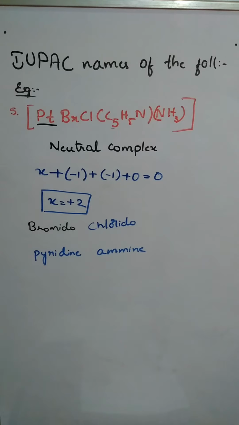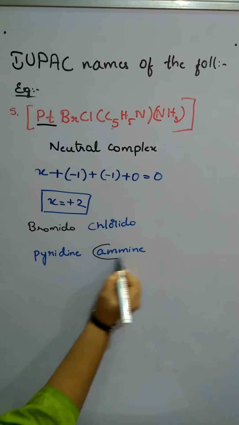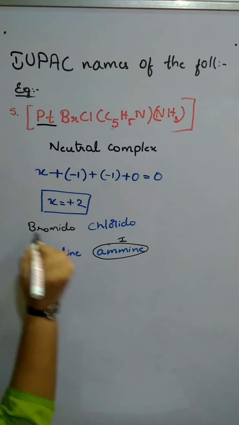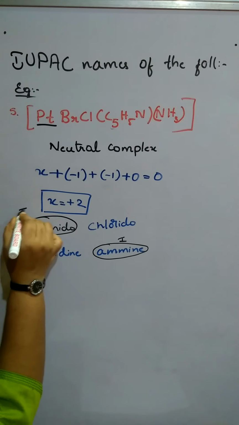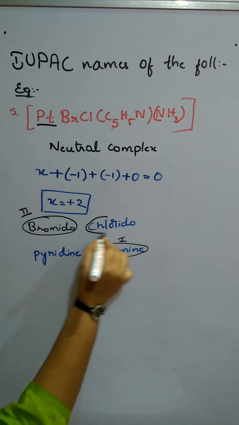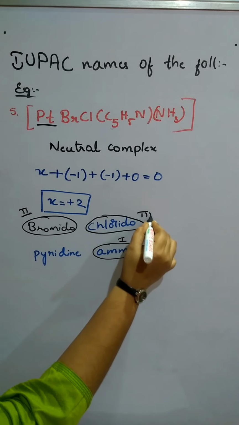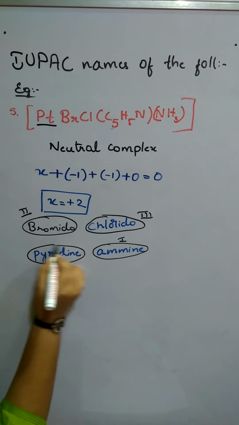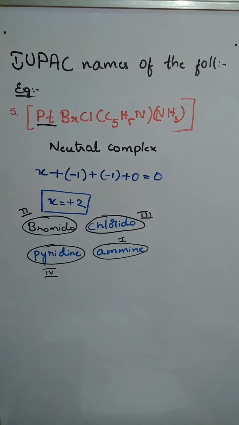All with different letters only. So this is first one. This is second. This is third. Alphabetical order. This is fourth. So we shall try to name that one and you can check there. So all the ligands, only one ligand of each is there. So numerical prefixes don't come at all.